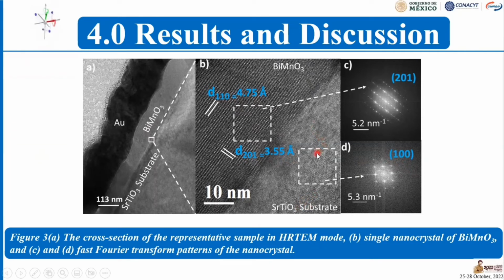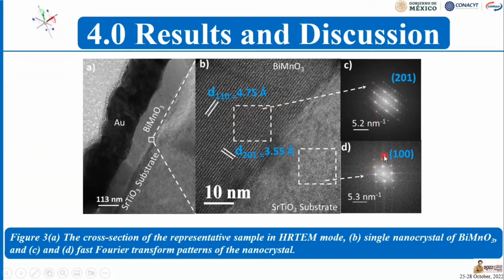These planes and their respective indexing are according to the XRD class, which is monoclinic bismuth manganese oxide structure with space group C2. From here, the crystallites are randomly oriented with respect to each other, which demonstrates the polycrystalline nature of the film, with no indication of epitaxial layer formation.